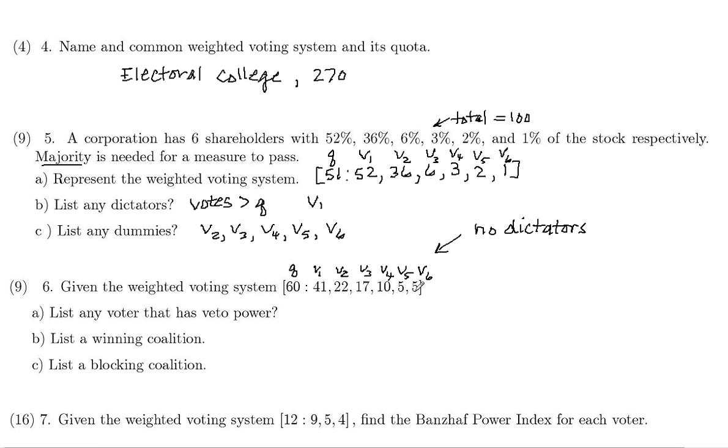So these 5s here are actually not dummies. They do have some power in the election, because if they were to get in a coalition with the first voter and the third voter, then they would be able to help pass a measure. That doesn't happen up here. Everything's controlled by that guy. So no dictators, no dummies in that one.